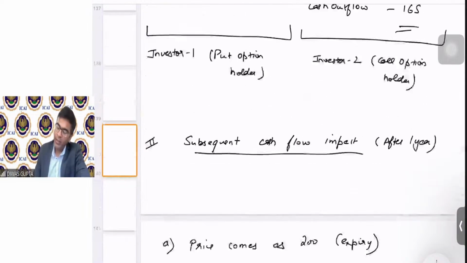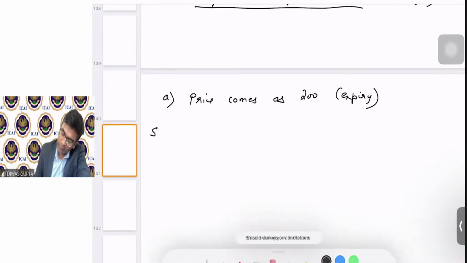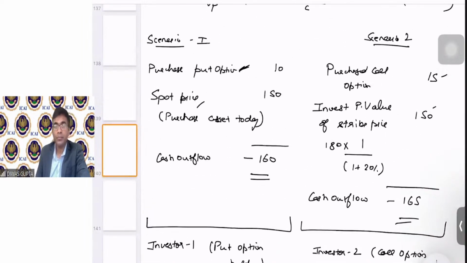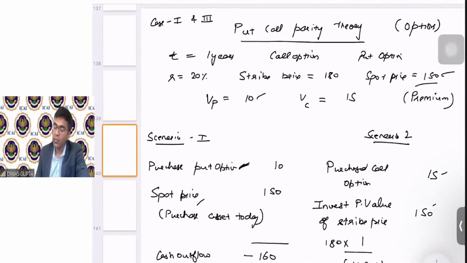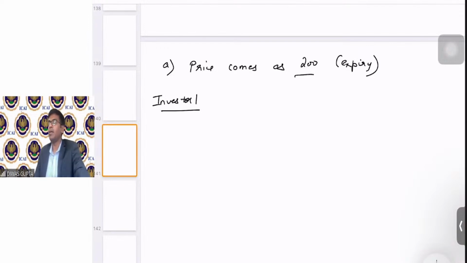Now, what will happen to the cash flows of the first portfolio person, investor one? Investor one has purchased a put option. Students, the strike price of the put option is 180. The price appearing in the market is 200. Tell me, what is the benefit to the put option holder?